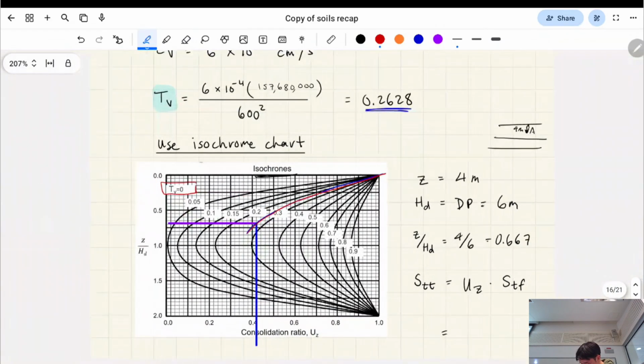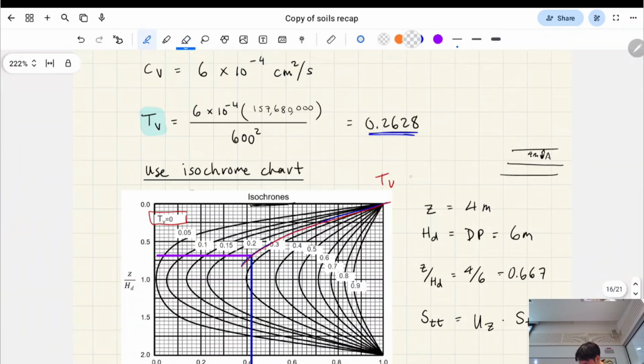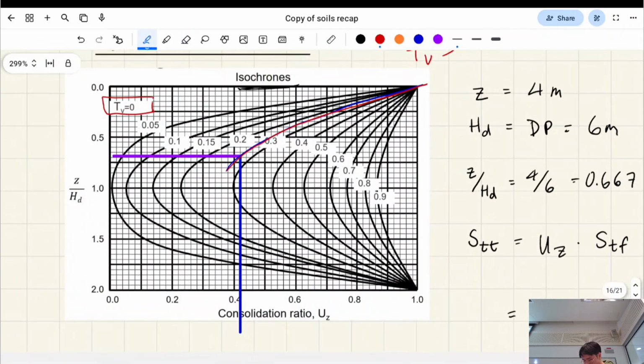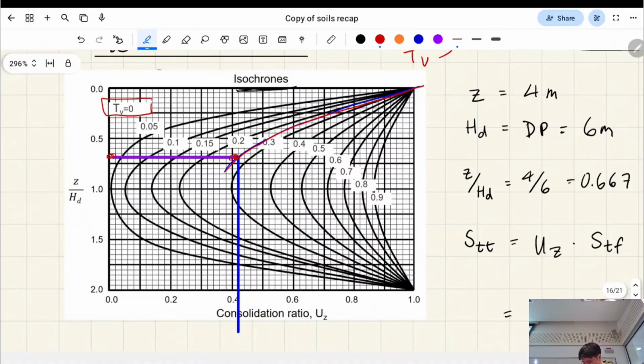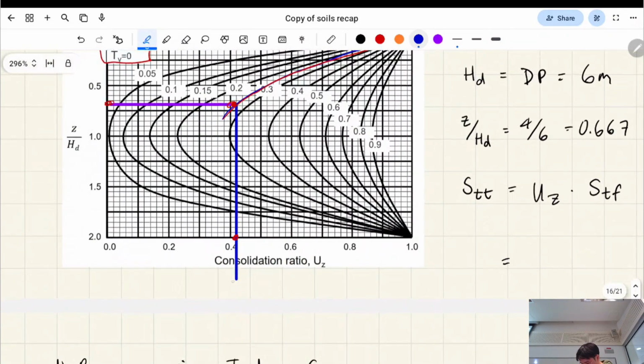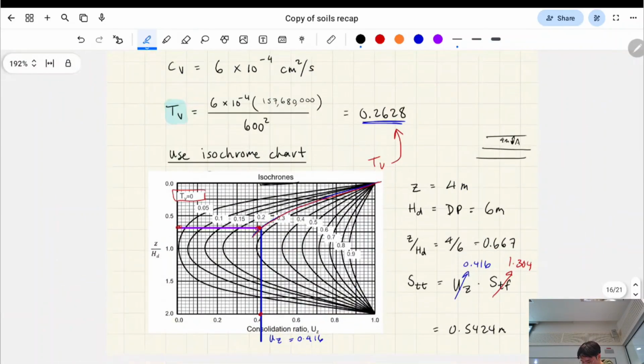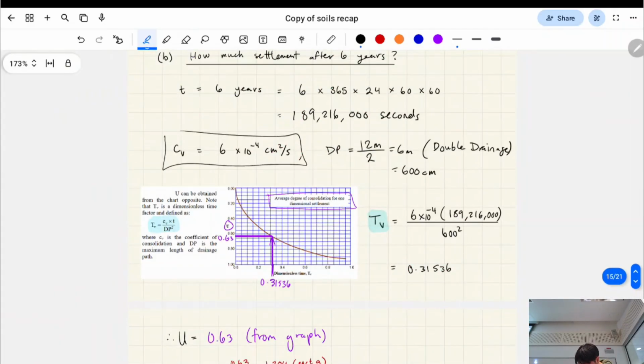So at a TV of 0.2628, right? We have to imagine where that line would be on the graph. Go from the left here, bounce to the line, bounce down. That gives us UZ. Make sense? But this is still a function of what our total settlement was going to be from part A. Yeah? I'm not even sure if this is what the question called for.